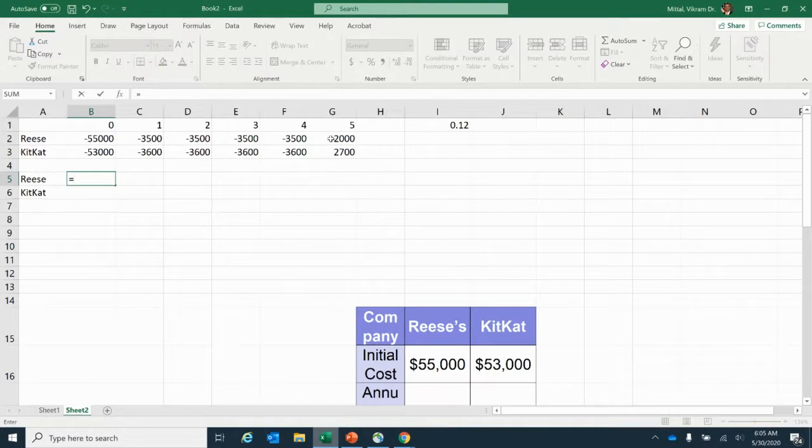So this would be the value divided by 1 plus the interest rate, let's lock in the cell, and that would be raised to the year.